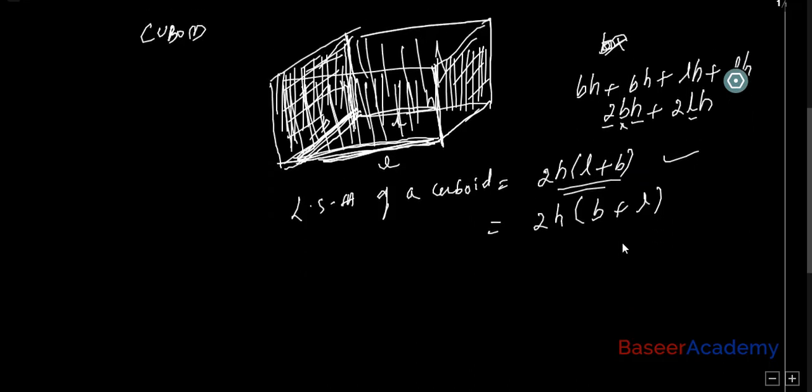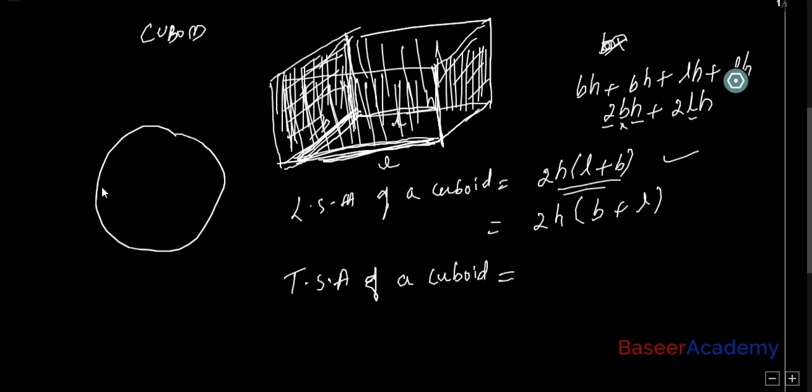In the same way, I can pretty much derive the formula for finding total surface area of a cuboid. But I believe instead of deriving the formula, I would just show you a trick. The trick is quite simple here. Just draw a circle, put the letter L here, the letter B here, the letter H here.